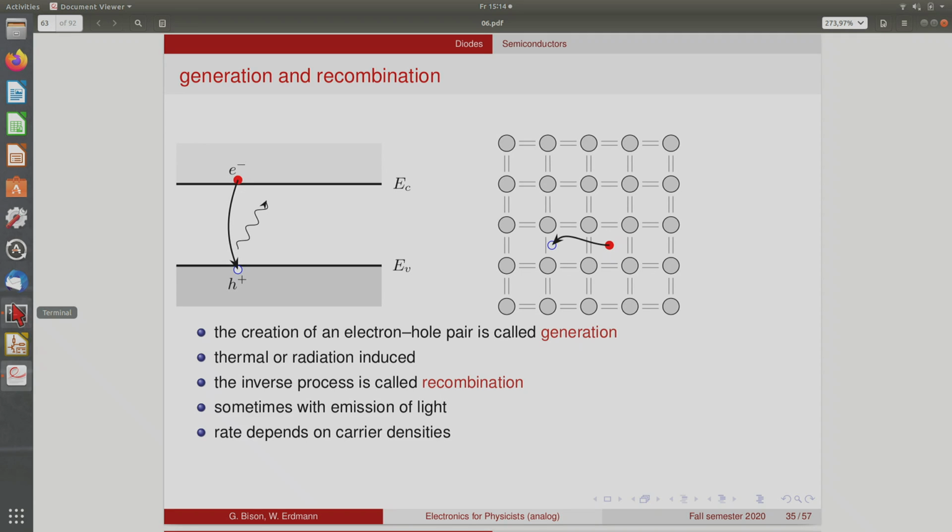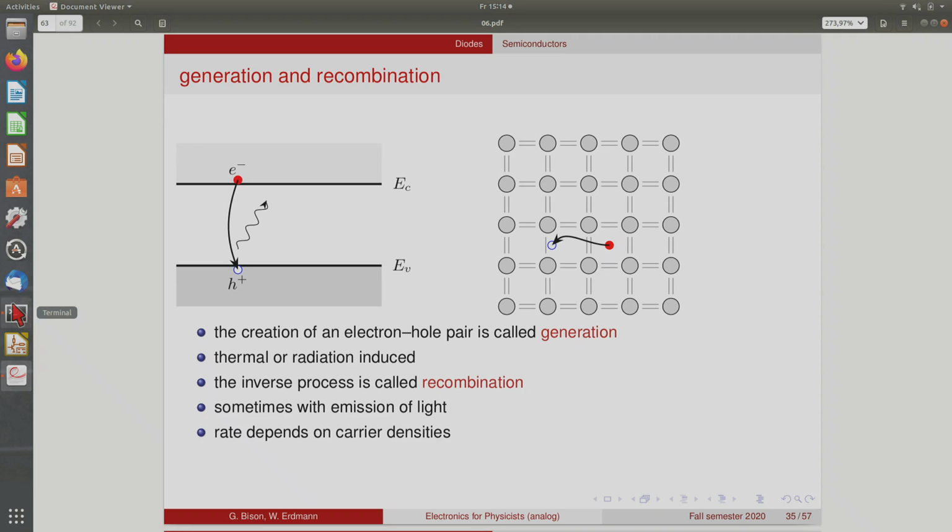So here an electron-hole pair annihilates in some sense and just creates energy, which is usually then emitted as light. Silicon, for instance, emits infrared light, but in LEDs you have materials that emit visible light. And the rate with which this happens clearly depends on the density of these carriers.